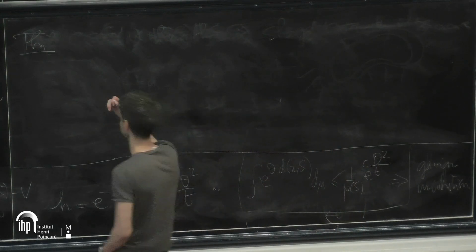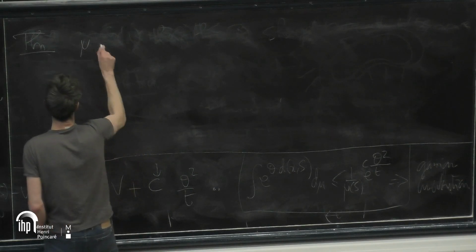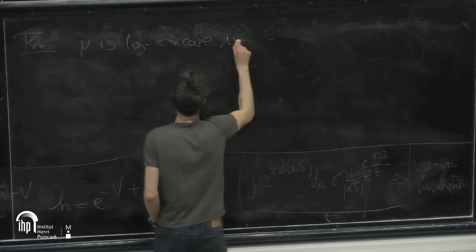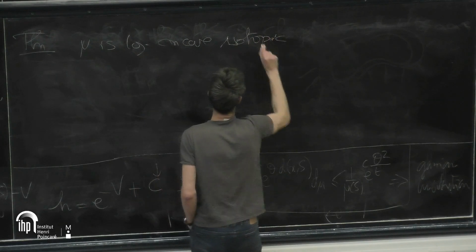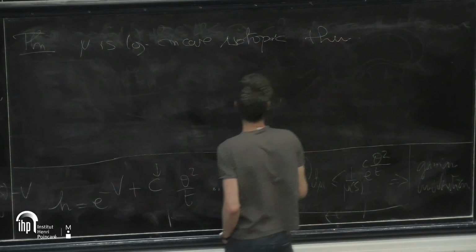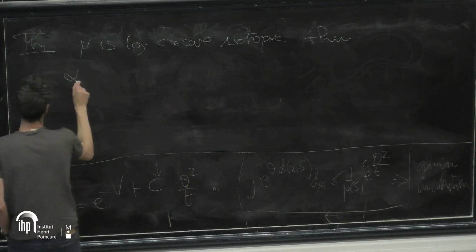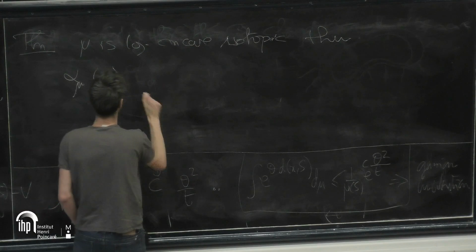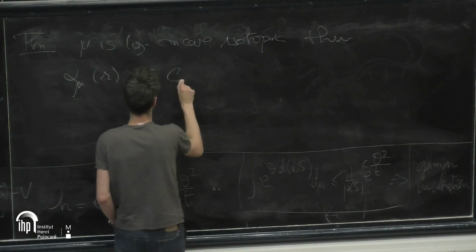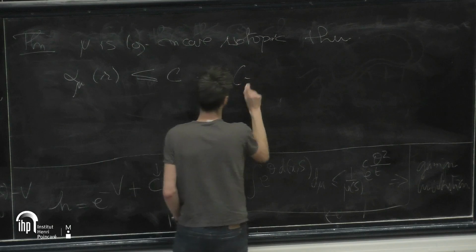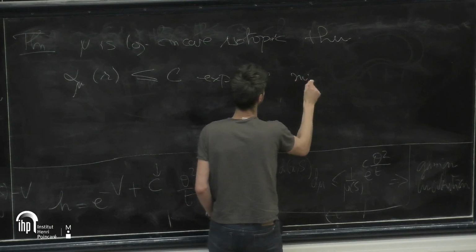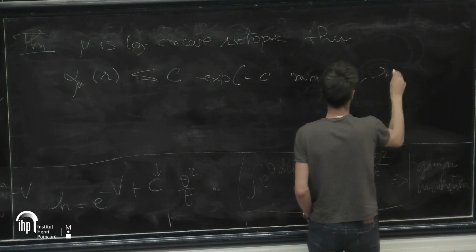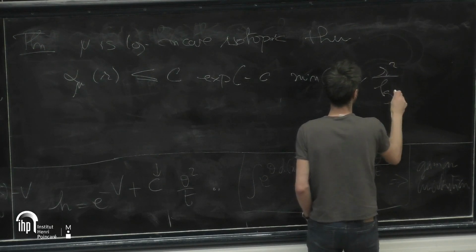Okay, what is the theorem? Suppose mu is log concave, isotropic. Then the measure is less than some constant times e minus some constant times the minimum of r square over log n square and so on.